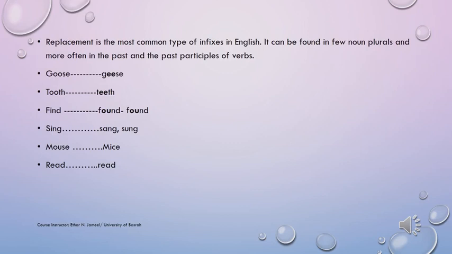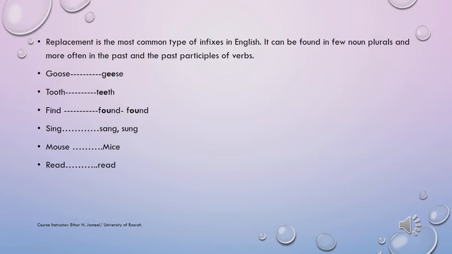Instead of I, we have a and a: a in the past form and a in the past participle. So this change from one sound into another, the result of this change is an infix. An infix for the past form and another infix for the past participle.